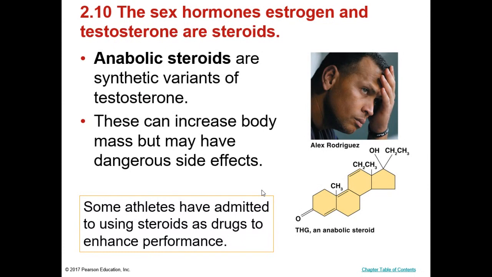So the feedback loop of testosterone and estrogen, for that matter, takes a hypothalamic hormone called gonadotropin releasing hormone, which stimulates the pituitary gland to produce FSH and LH. So those two travel to the ovaries and testes via the blood to stimulate the production of testosterone or estrogen, depending on, obviously, whether you're female or male.